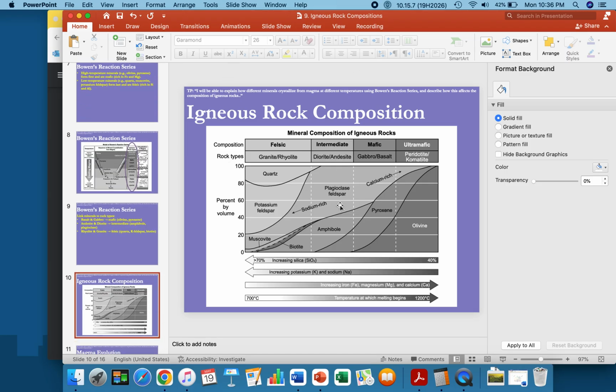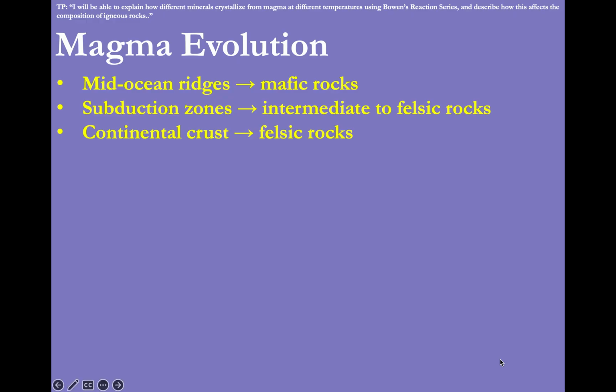Oh, and we have one more slide, sorry. Last one here is magma evolution. At mid-ocean ridges, where we have our oceanic crust, we have our mafic type of rocks. Mafic meaning basalts, or could be gabbro.